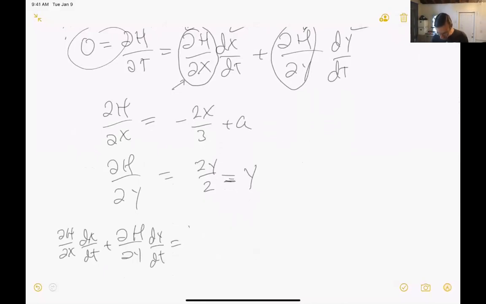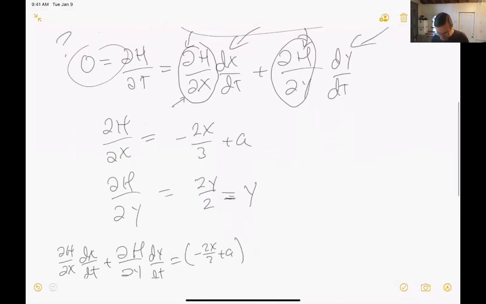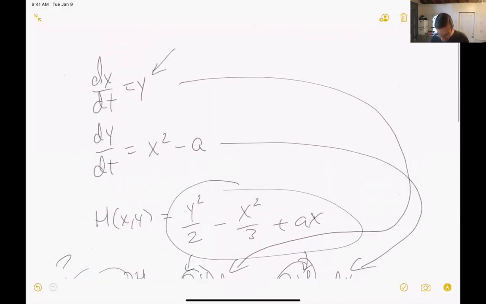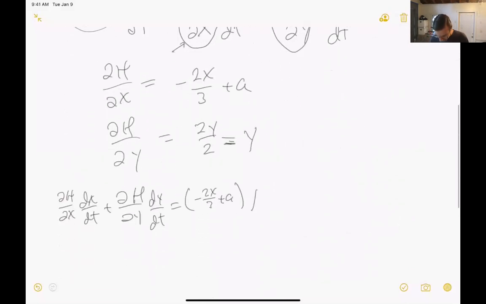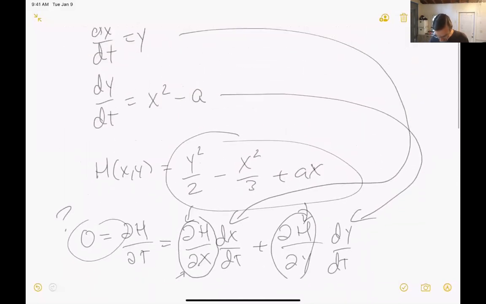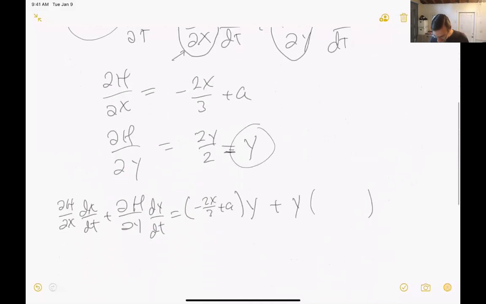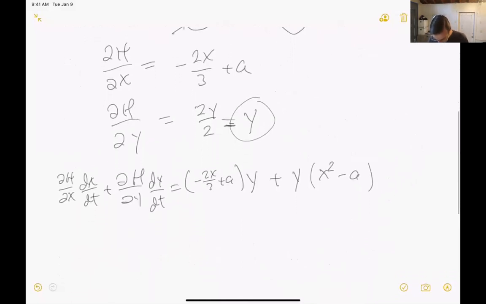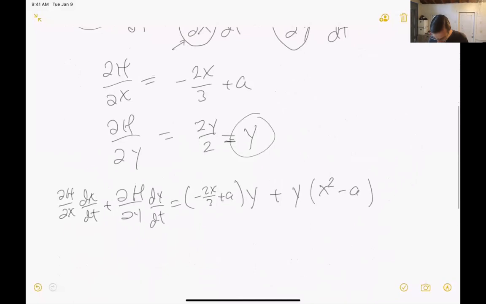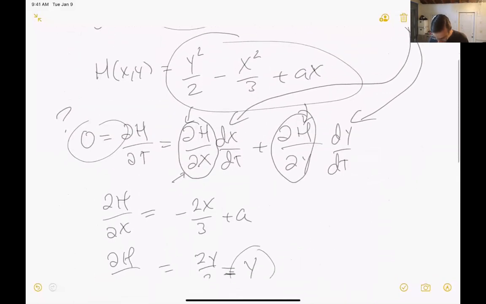The partial of H with respect to x, we said, was minus 2x over 3 plus a, times dx/dt, which is way up here at the top, that's just y, plus the partial of H with respect to y, that's here, is y, times dy/dt, and dy/dt is back here at the top, that's x squared minus a. And now we multiply this out and hope we get 0, and I'm feeling like I did something wrong.